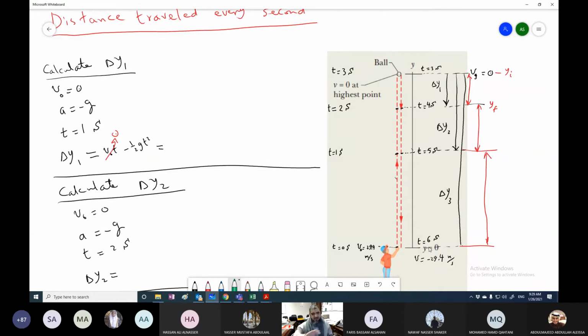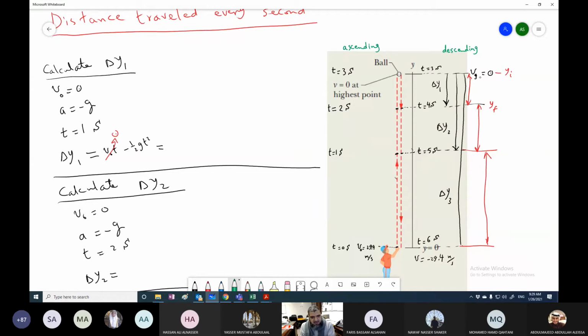I'll take the right hand side where the object is moving downward. Moving down has a term in English called descending. Descend means moving down and ascending means moving up. So I'll focus on this descending.